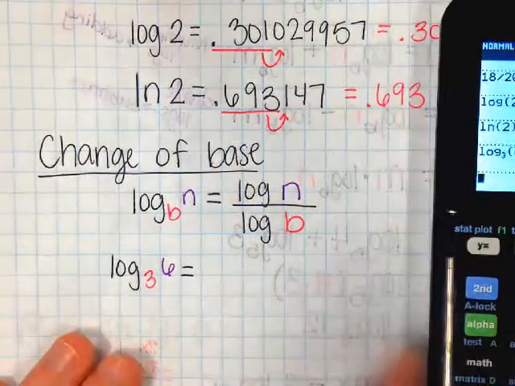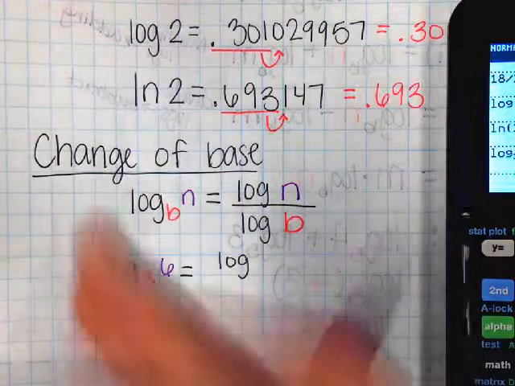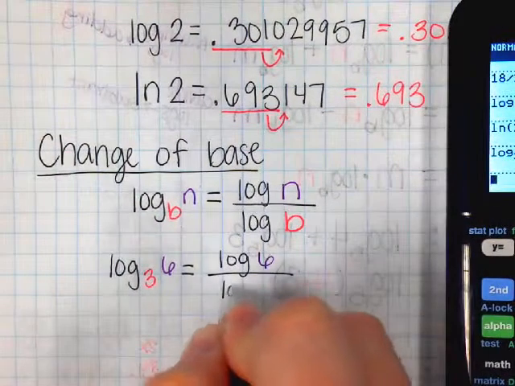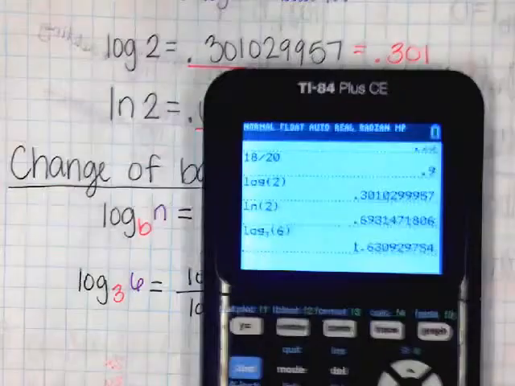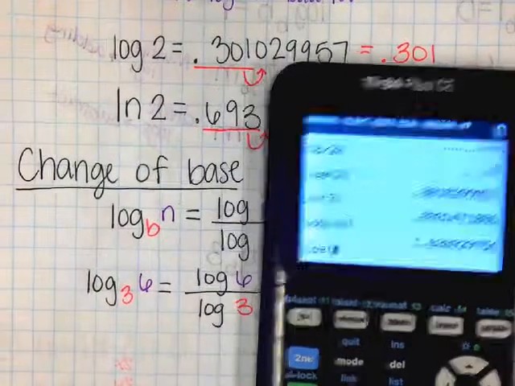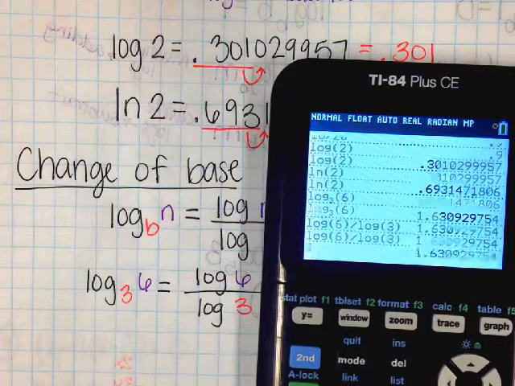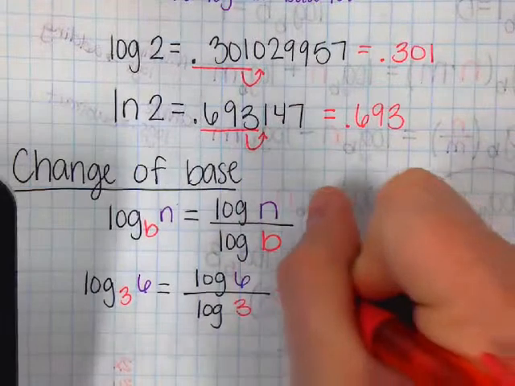Now I'm going to use the change of base formula. So if I do log of 6 divided by log of 3, remember the base goes on bottom, you get the same answer.